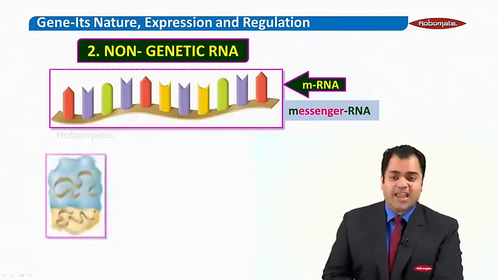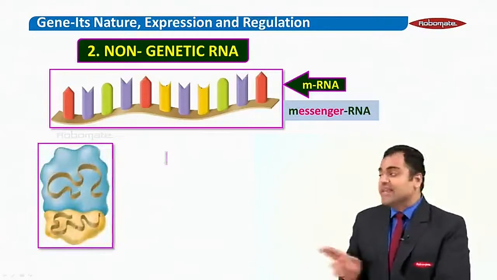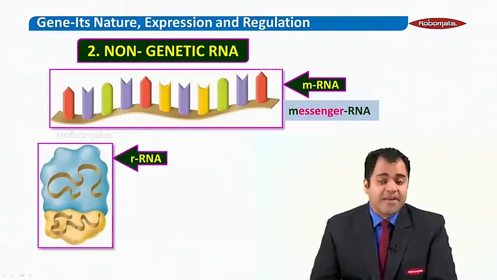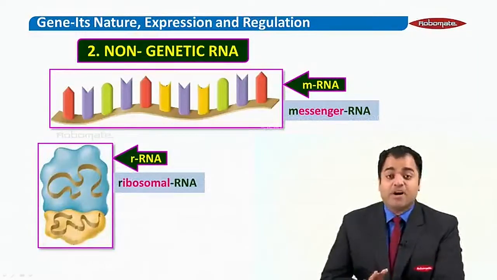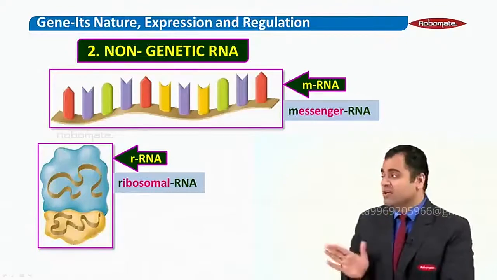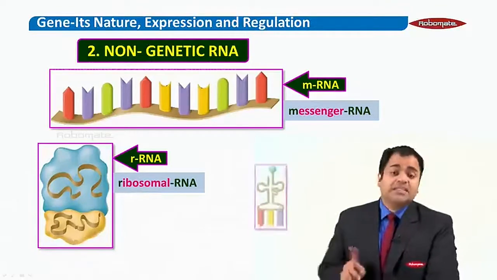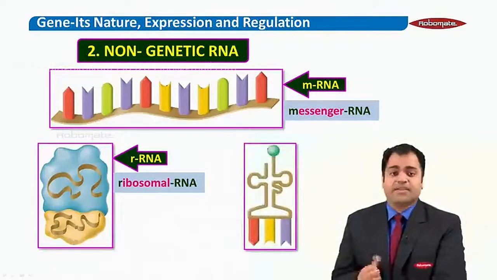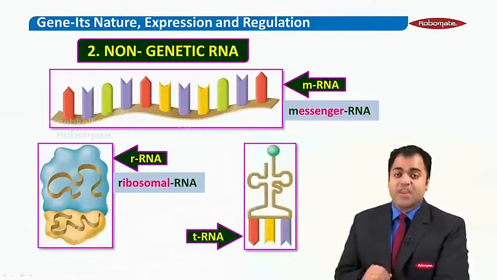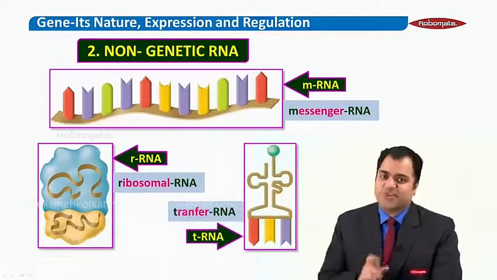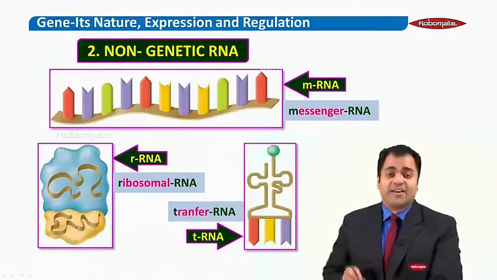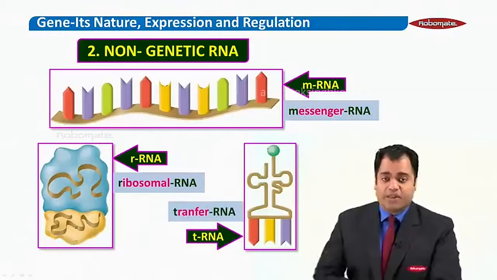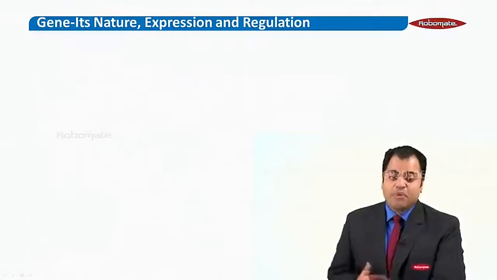There is one more type. Look at this picture here. This one is called rRNA, which stands for ribosomal RNA, because it is associated with the ribosome. The third type of RNA which you see here in the diagram is tRNA, which is also called transfer RNA. Is that okay? The details of these non-genetic RNAs we'll see in future modules. Is that okay? Moving on.